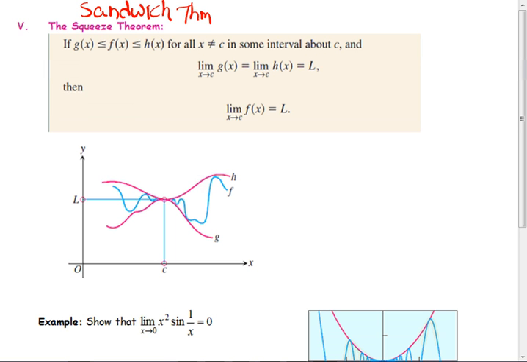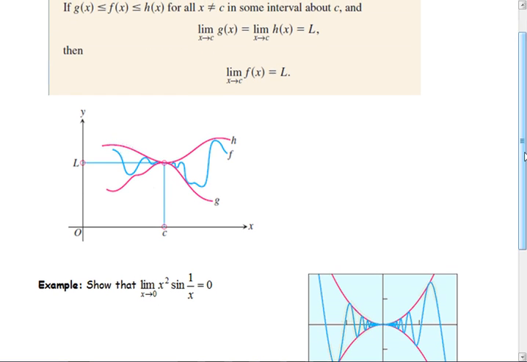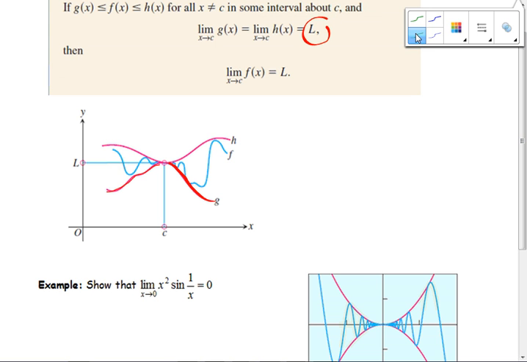Okay, this is not hard. Applying it's hard, but the theorem itself is not hard. If the limit of G, as we approach C, is equal to some L value, and then I have the limit of H, and it also approaches L, so they both have the same limit, and F is sandwiched in between.